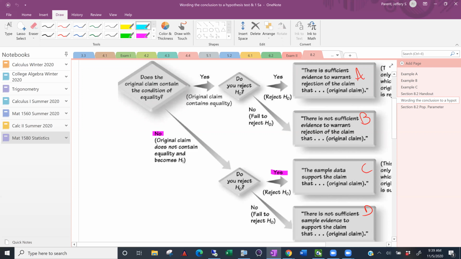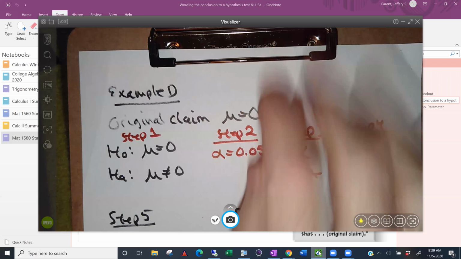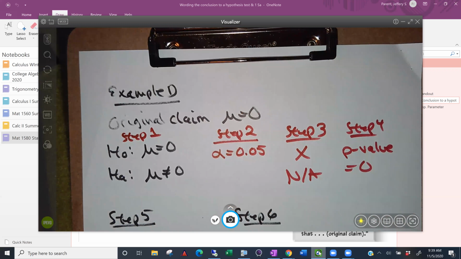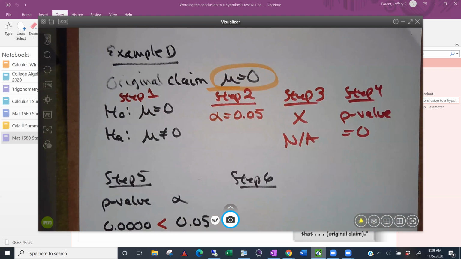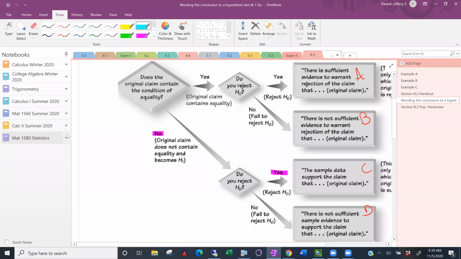Let's look back here. Our original claim was this one right here. It looks like it contains the condition of equality. That puts us here on our path. Do you reject H naught? Yes. So of these four statements, we want to work with A and basically just copy down all of what's there until we get to the point where we say that and dot, dot, dot.